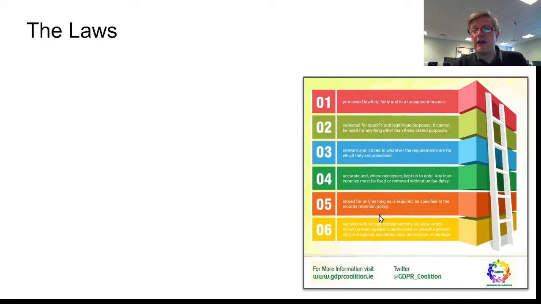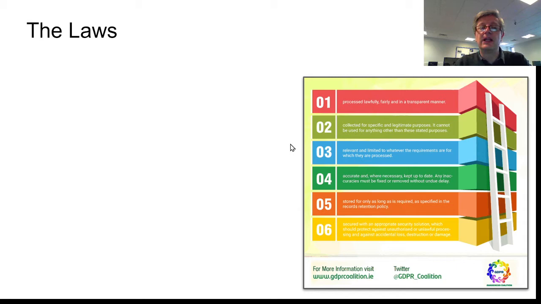So the 8 principles of the Data Protection Act were changed and they were basically rewritten and updated, and they are now the 6 principles of the GDPR, but they're very, very similar. They're just more stringent than they were before.